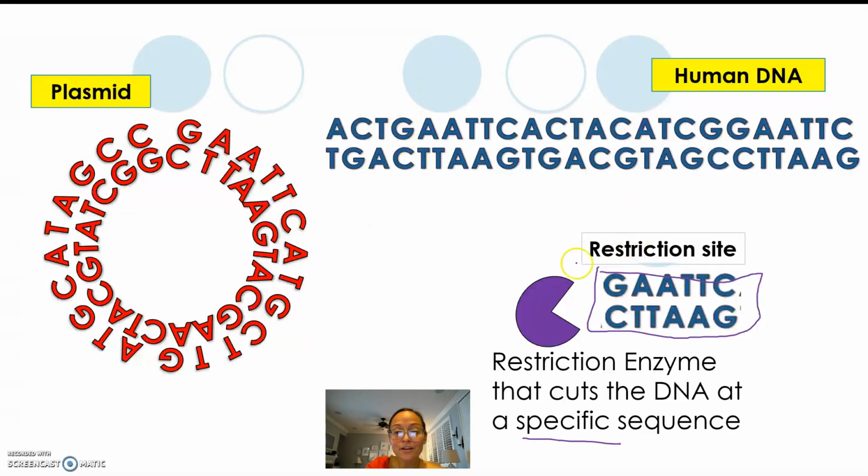So up here, I can look for GAATTC, and I see it right here, GAATTC. I also see it over here, GGAATTC. Ooh, now in my plasmid, GAATTC, I also see it there.